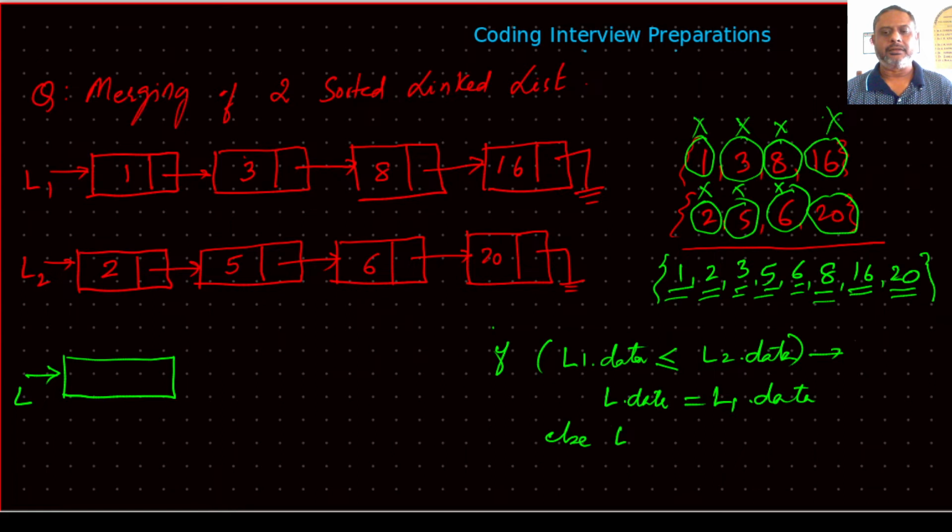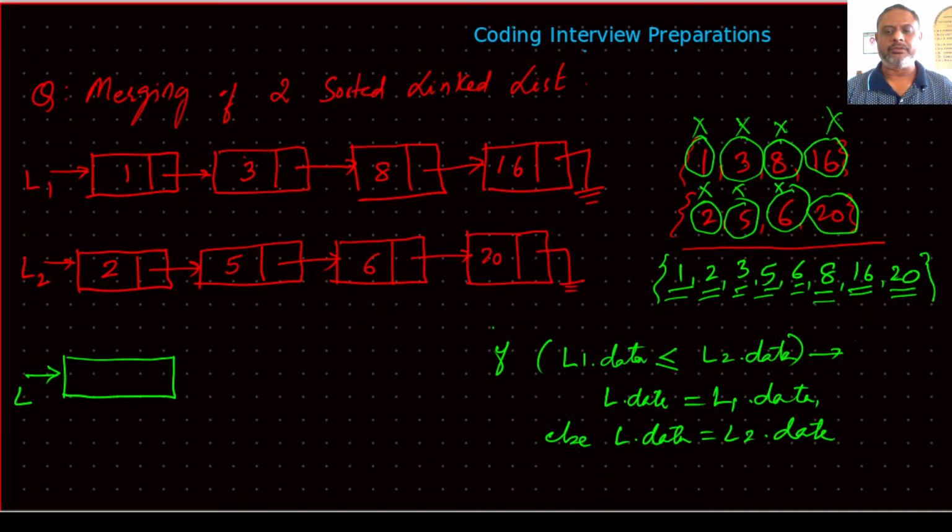Else L dot data is equal to L2 dot data. Once you have copied this here, it makes sense to use 3 in the next step. Therefore, this is no more useful.